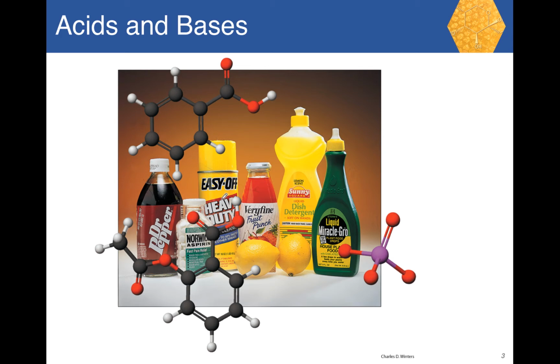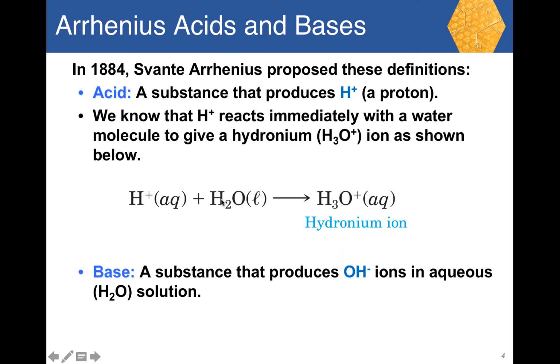The general definition is that acids have a tangy taste, and bases have a slimy feel. But of course, as chemists, we cannot go around tasting chemicals or feeling chemicals to determine if they are acids or bases.